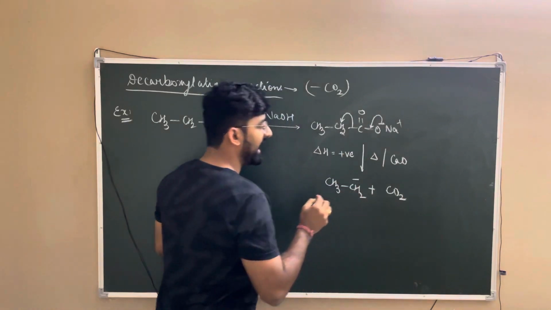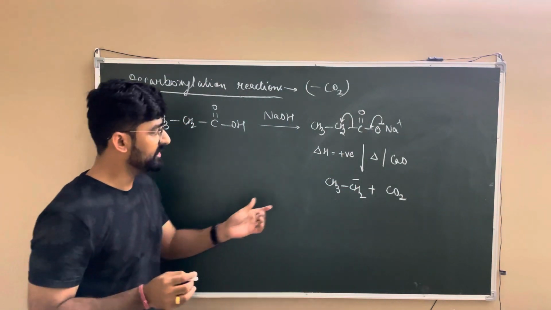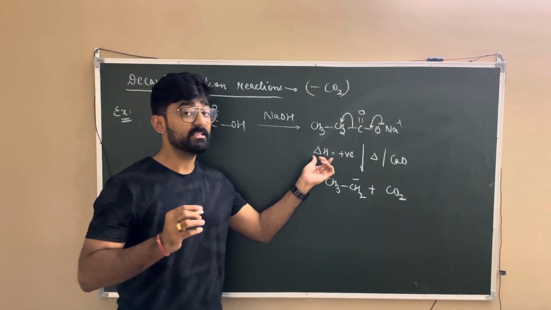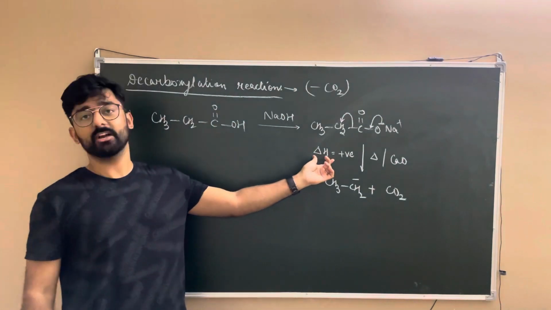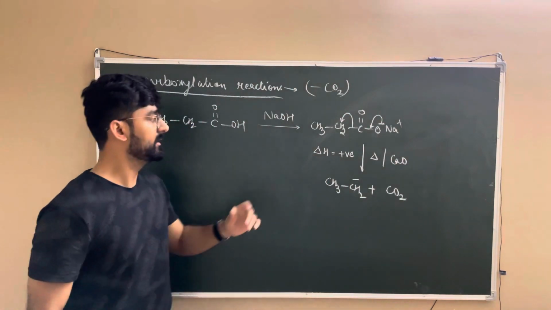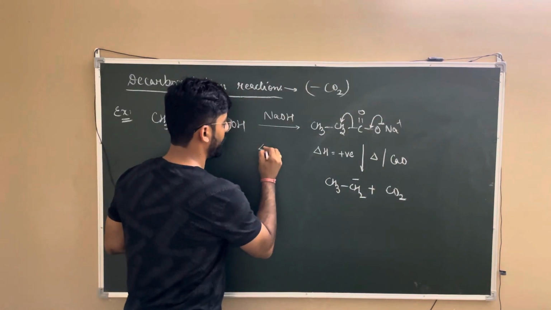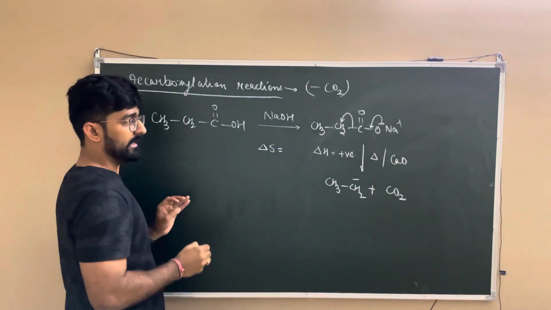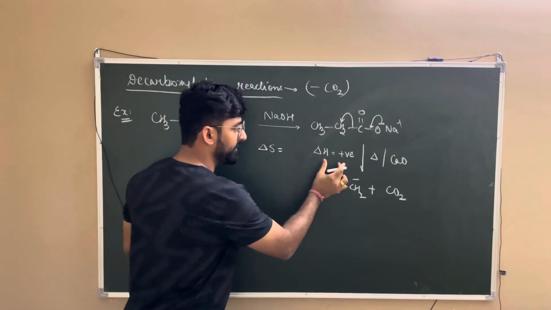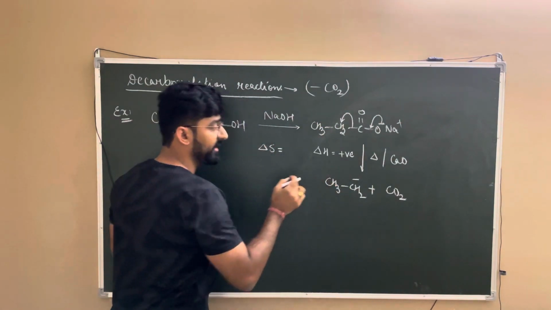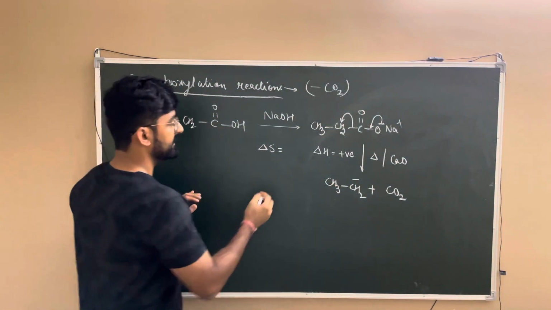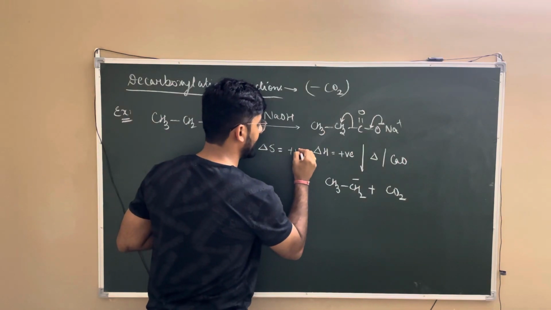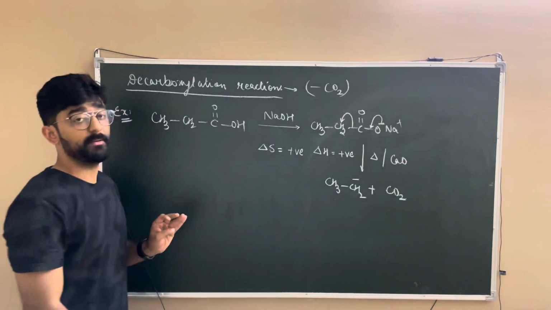See, for any reaction to happen, there is not just one factor, that is energy. There is one more factor which you might have studied in thermodynamics, that is entropy change. Even though the reaction is endothermic, if the entropy of a reaction is increasing, then we can say that delta S for that reaction will be positive.